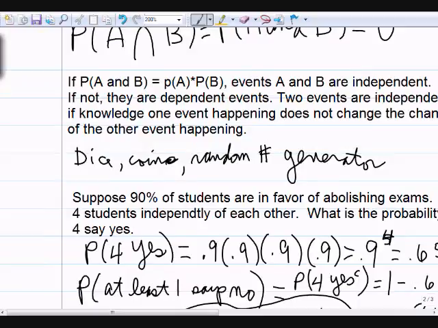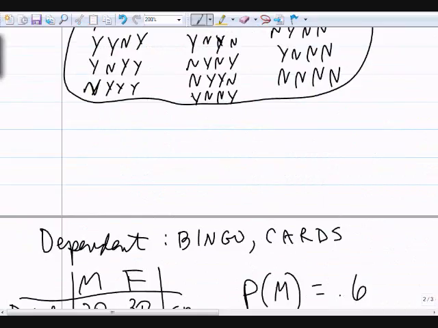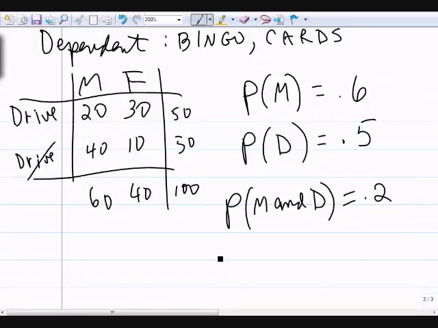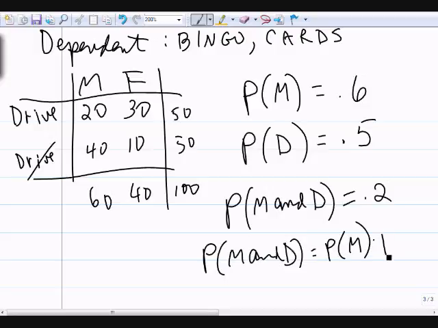Now, let's go back and look at my test. If the probability of A and B is equal to the probability of A times the probability of B, these events are independent. Okay? So the probability of male and drive, is that equal to the probability of being male times the probability of being a driver?